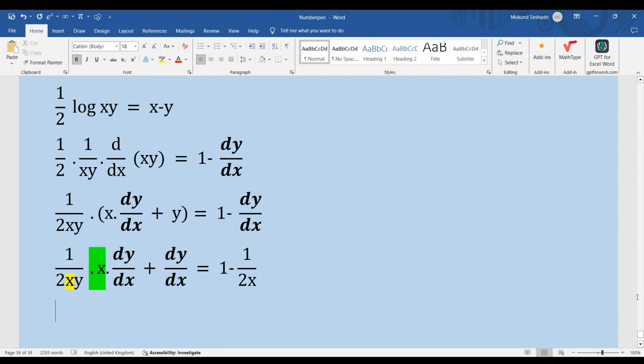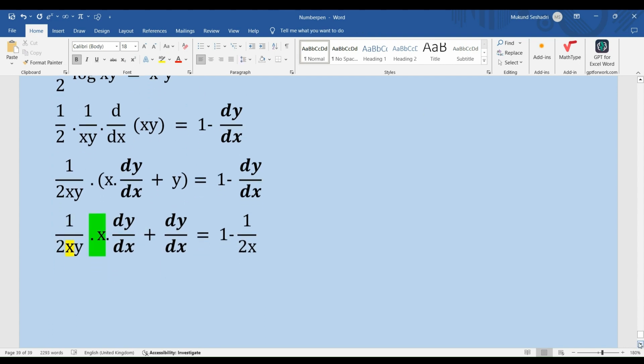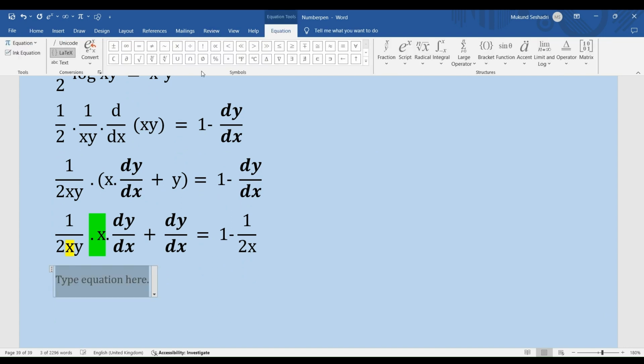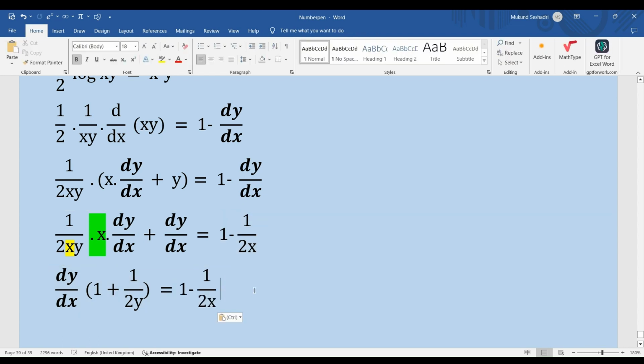So I have a dy by dx term which is common, and therefore I can pull that out, and then I have a 1 plus 1 by 2y, right? This is what I have. So I have dy by dx into 1 plus 1 by 2y equals 1 minus 1 by 2x, right?